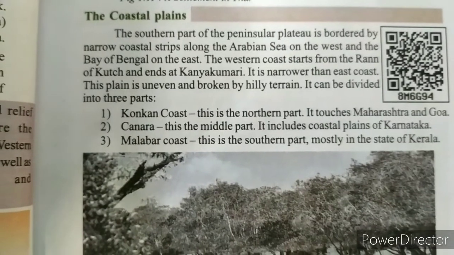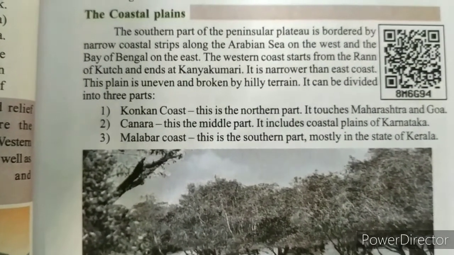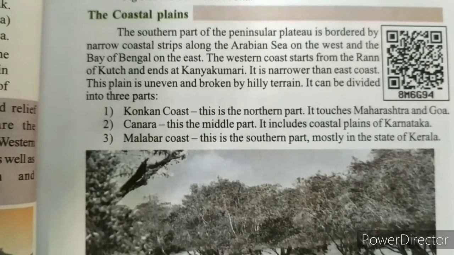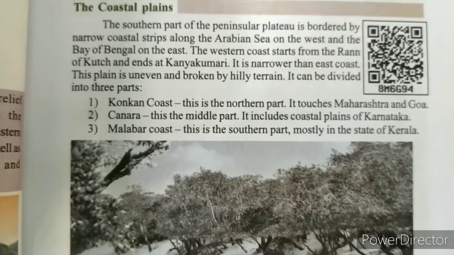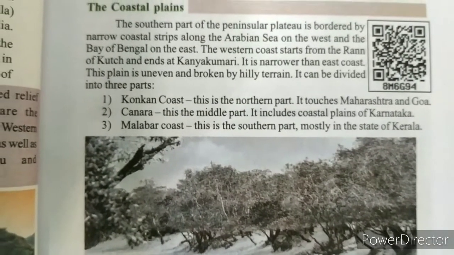Mahanadi, Krishna, Godavari, Kaveri are the major rivers which have delta areas. It is covered by the Utkal coast, the Orissa region, Sarkar coast, AP region, and Coromandel coast in Tamil Nadu. Coming to the west, we have the west coast along the Arabian Sea, from the Rann of Kutch to Kanyakumari.